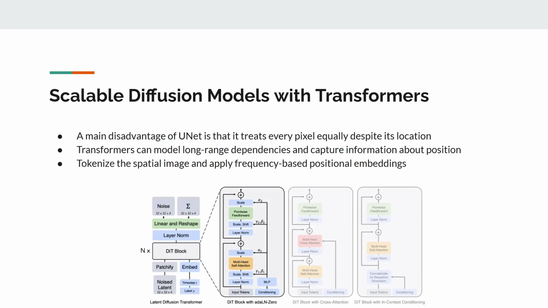And what you would do with the image to have it usable by a transformer is take the pixels of the image and tokenize the spatial image. From quick background reading, what I found was they would treat a 2 by 2 pixel grid of an image and tokenize that grid.